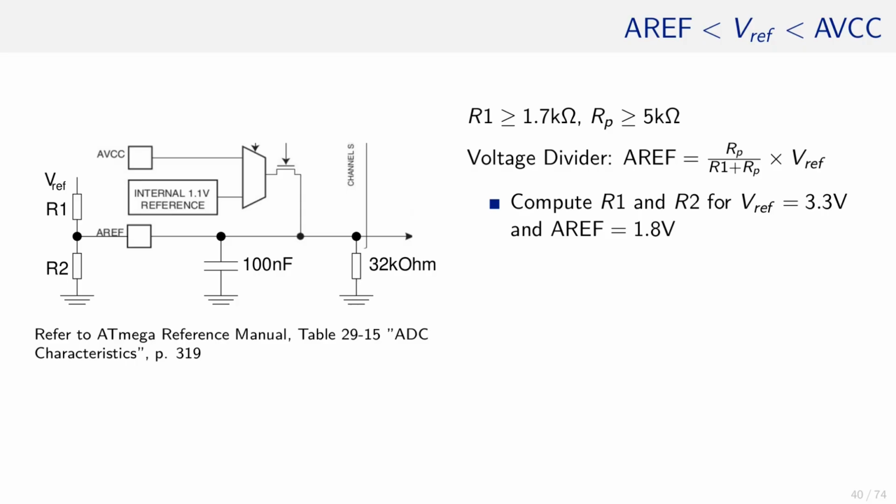Now we have to have a look at the combination of R1 and RP to get our desired voltage of 1.8 volt at the AREF pin with a reference voltage VREF of 3.3 volt. And in the end, we will get values for R1 and R2. I'll let you do the math for the fun and continue the lecture after the break to give you tips on how to get to the results.